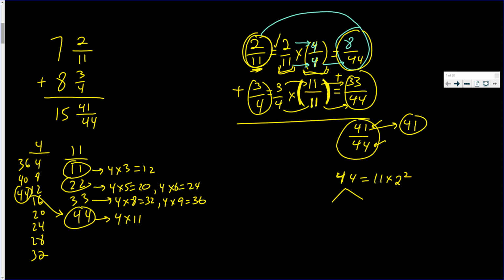Okay, they have no common factors. That's the prime factorization. They don't share any common factors. So you're going to have a hard time reducing it. This is the answer.